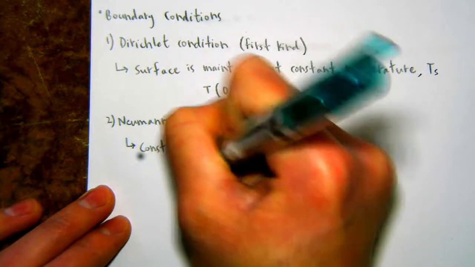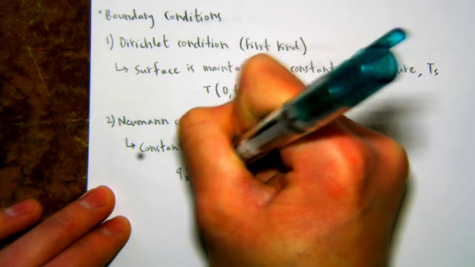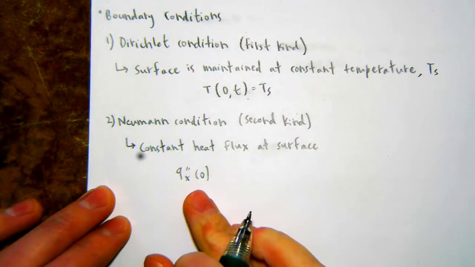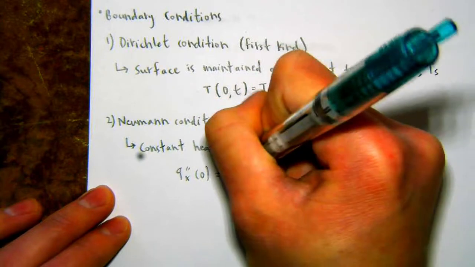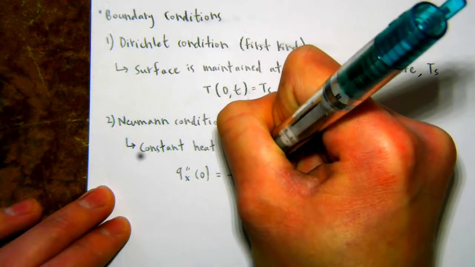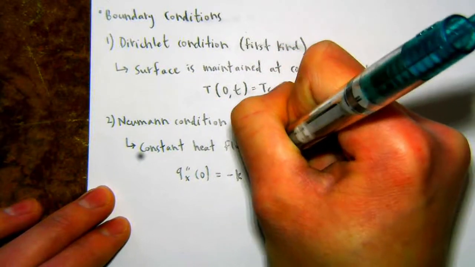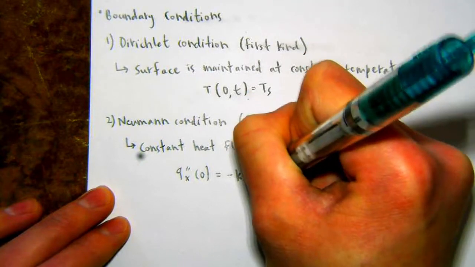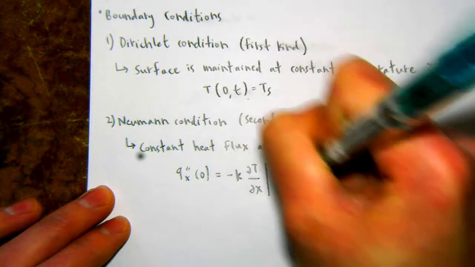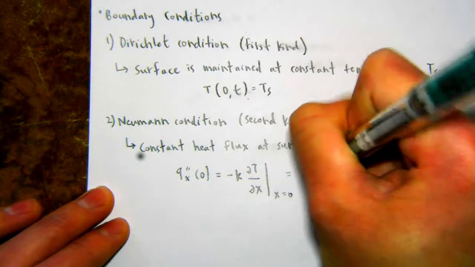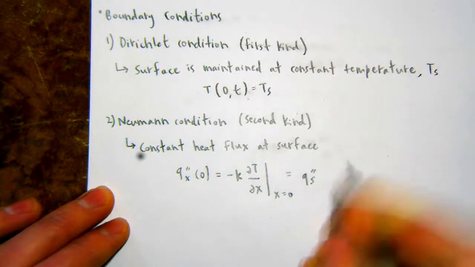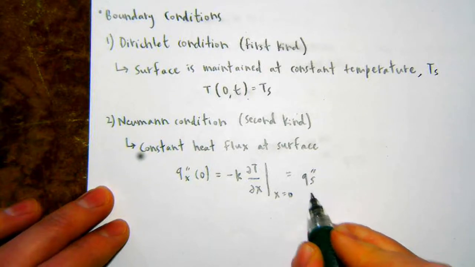So that's expressed as the heat flux at this surface, x equals 0, which we know the definition for heat flux, right? Negative k partial T partial x at x equals 0. And we're going to say that's just equal to this constant flux q sub S.